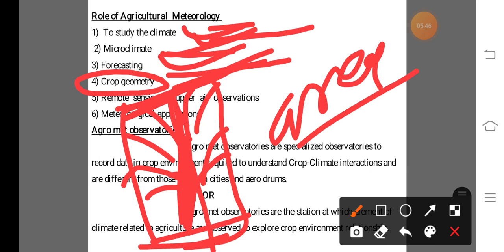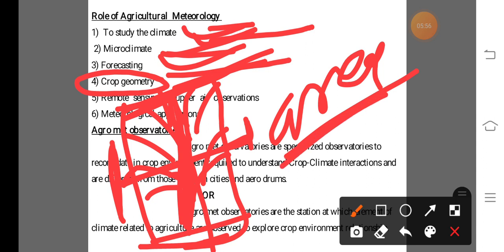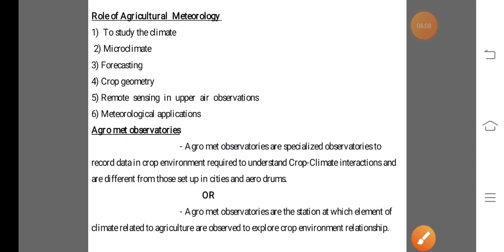Also from one leaf to the other leaf, that means north to south or east to west, how much area is occupied by a single or individual crop. It is known as the crop geometry. This terminology is again important for the third semester in the Agro 3235 course.